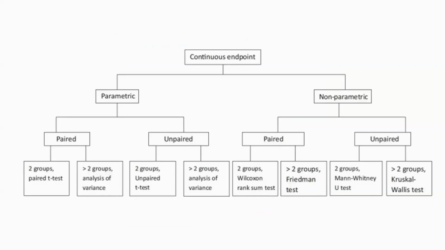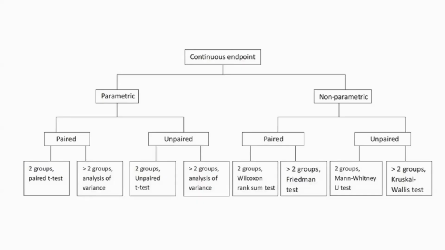So if you have a continuous endpoint, a continuous outcome, and you have two choices, these two choices again are governed by what you know about the distribution of that outcome, or even if you know about the distribution of the outcome, whether that distribution is violating some kind of assumption of the test that you originally thought of.